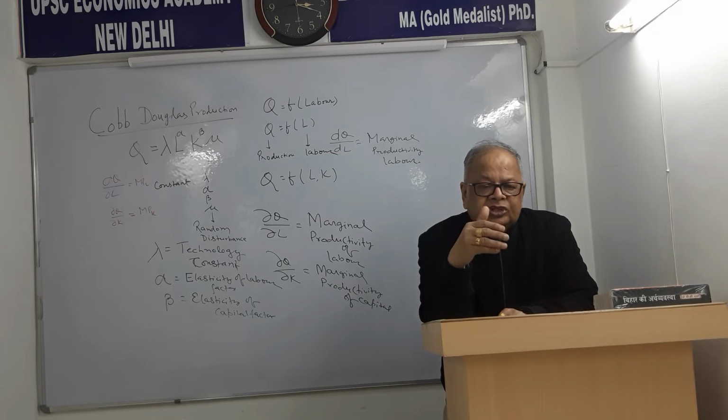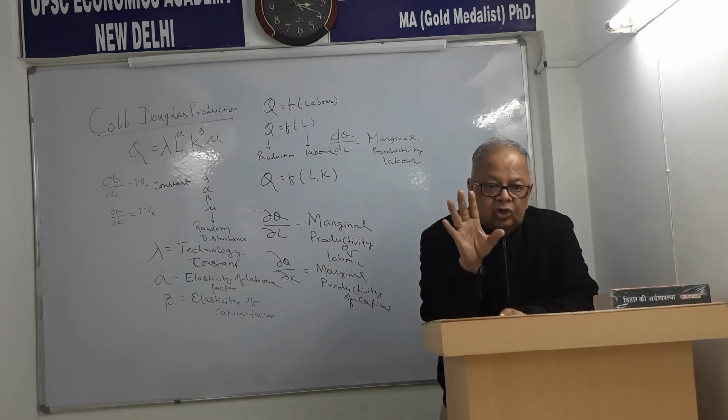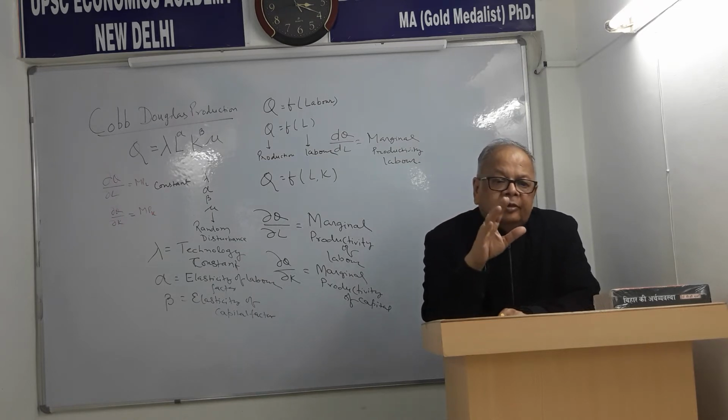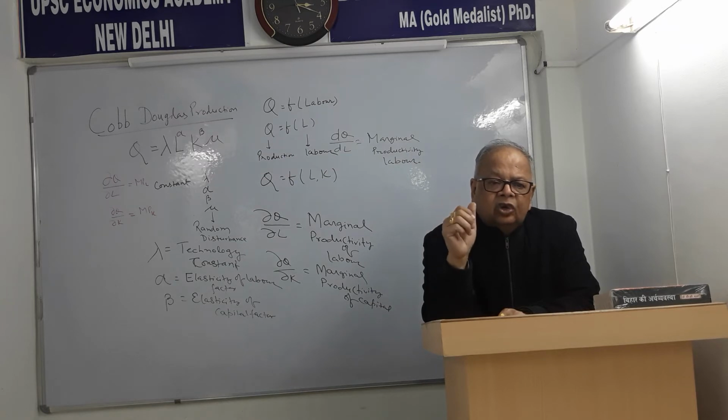In the process of production, there are economies and diseconomies. As soon as we use labor, economies will start. More economies will be obtained by the producer, and these economies will be greater than the diseconomies.